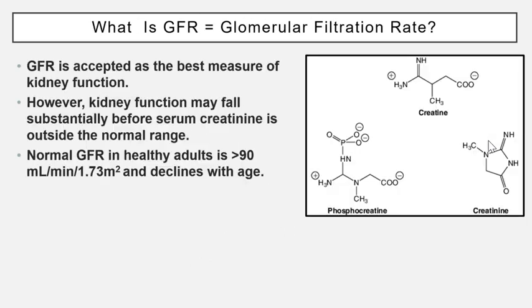So the first thing is that the kidney regulates how much urine you produce, right? And all that happens through glomerular function. So you can measure glomerular filtration rate, how well your glomerulus is filtering out your blood.